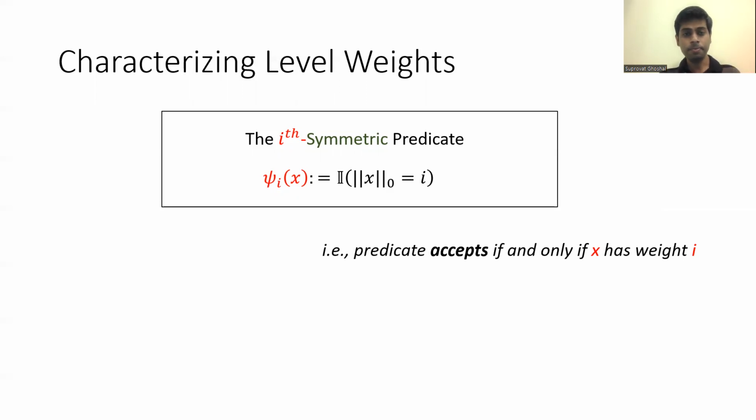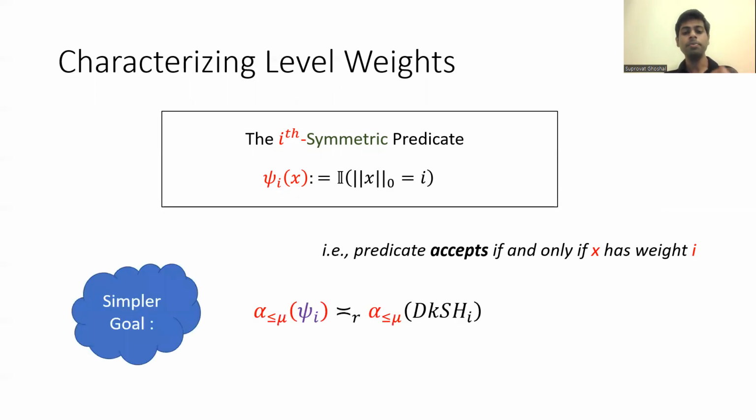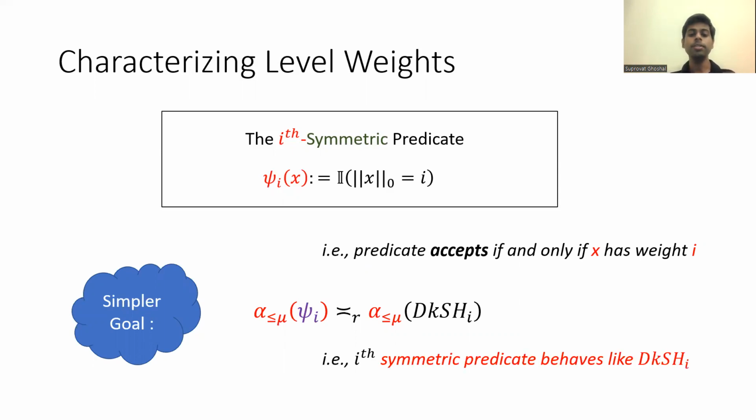And morally, what we end up spending most of our time showing is that the bias approximation curve of the ith symmetric predicate is somewhat similar to the bias approximation curve of the Densest-k-SubHypergraph problem of arity I. So in other words, the ith symmetric predicate on biased CSPs behaves similar to the Densest-k-SubHypergraph problem of arity I. And this is the key idea that goes into connecting the bias approximation curve of a predicate with that of Densest-k-SubHypergraph.